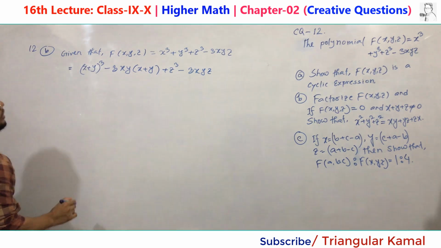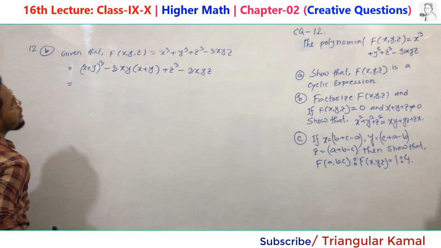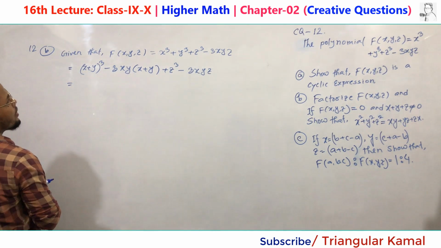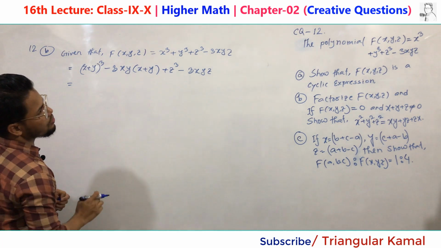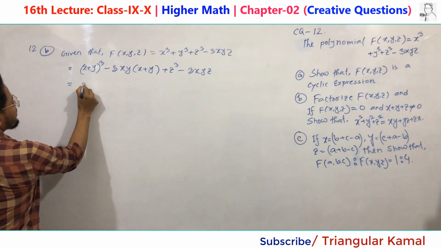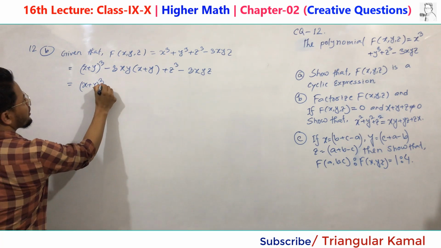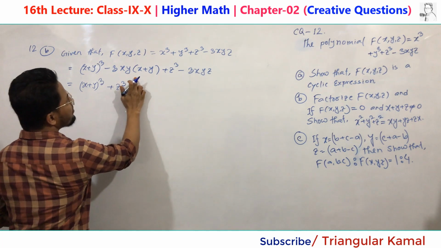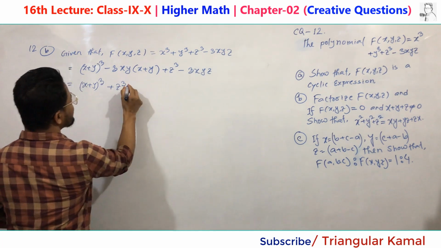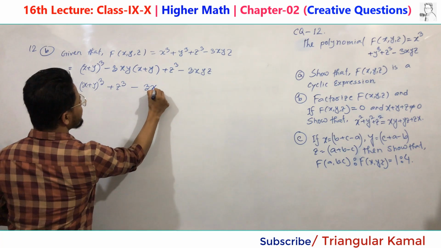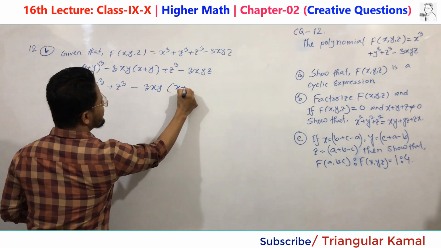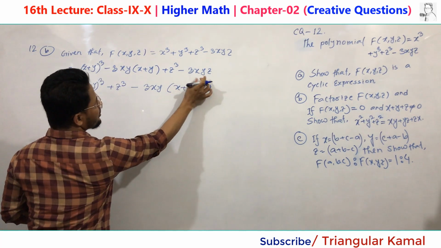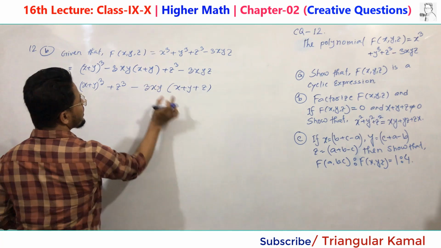Now x plus y whole cube plus z cube, and here the second and fourth terms you can take common: minus 3xy, remaining x plus y and z. So taking minus xy common, here remaining x plus y plus z, and here you can see xyz.